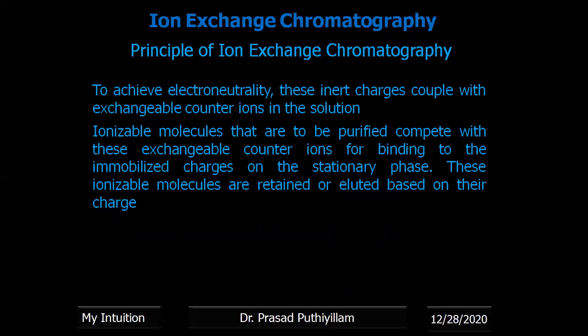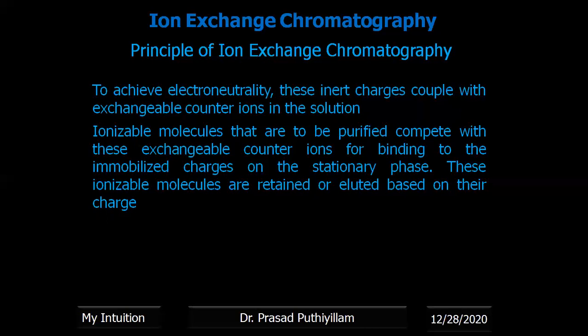The ionizable molecules that are to be purified will compete with the exchangeable counter ions for binding. They always have a competition to get bound to the resin surface and the immobilized charges on the stationary phase. These ionizable molecules are retained or eluted based on their charge.